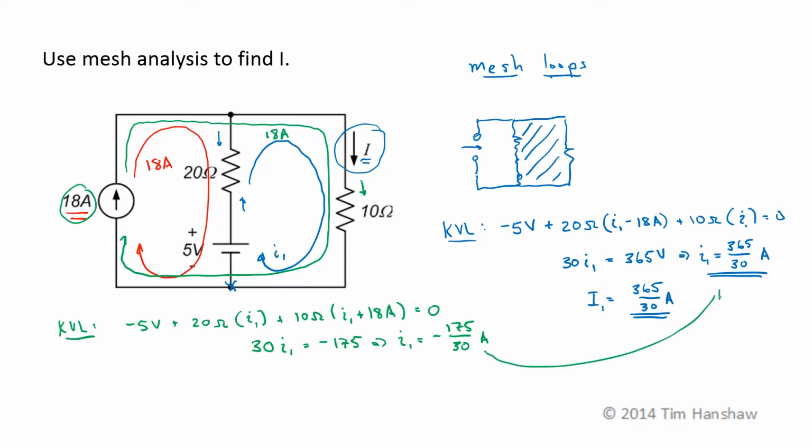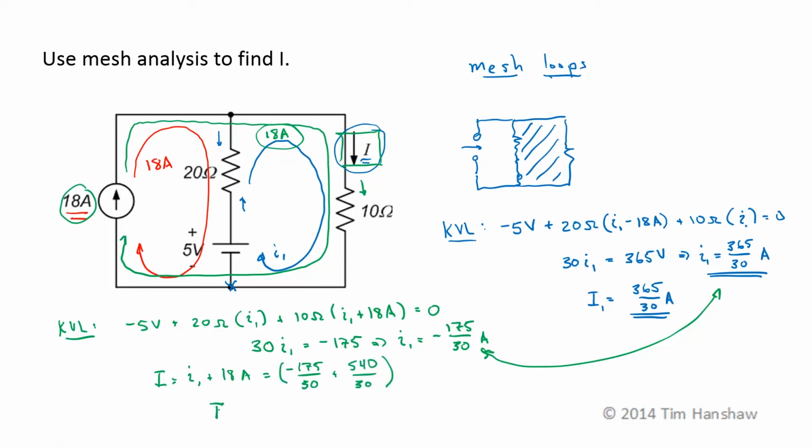I've got a different mesh current than I had before, but the mesh currents are not physical currents in the circuit. In order to get this actual physical current, I have to account for all the currents that contribute to that current. My constrained loop now goes through this 10 ohm resistor, so I have to take that into account when I find I. Now I is going to be I1 plus 18 amps, which is minus 175 over 30 plus 18. 18 times 30 is 540.